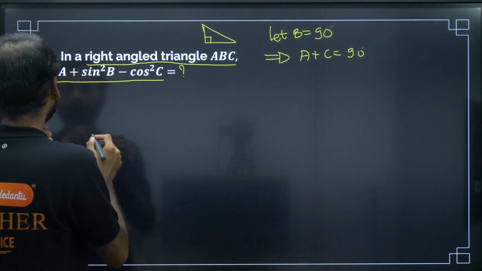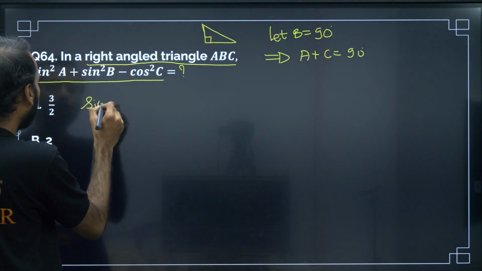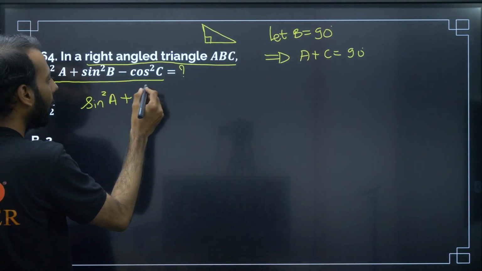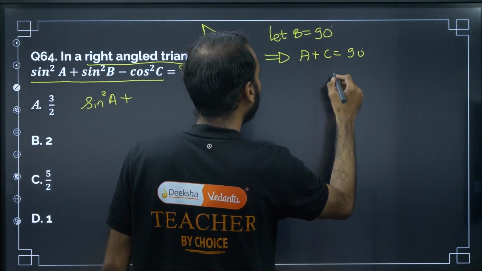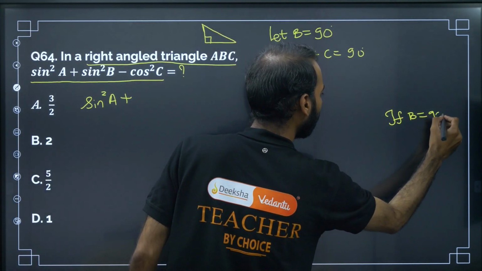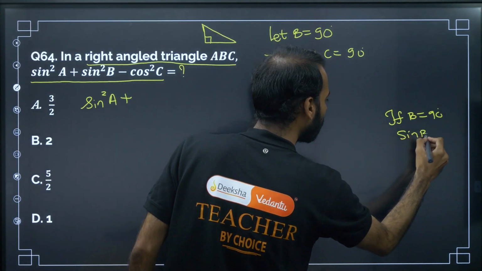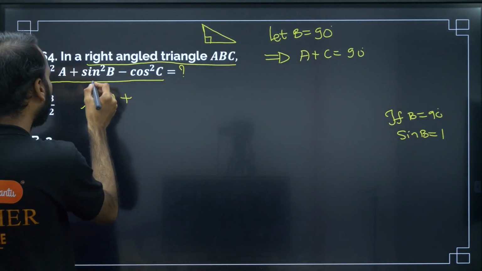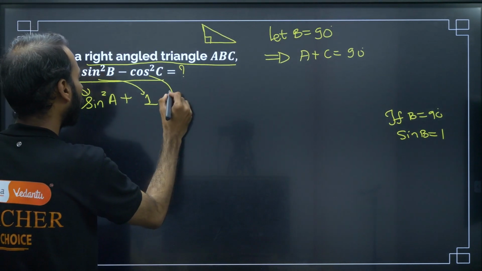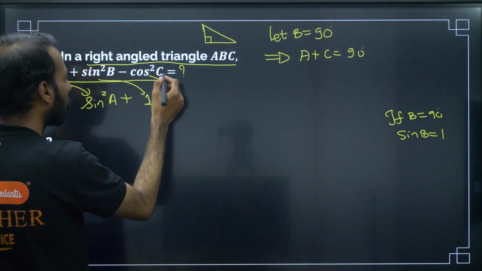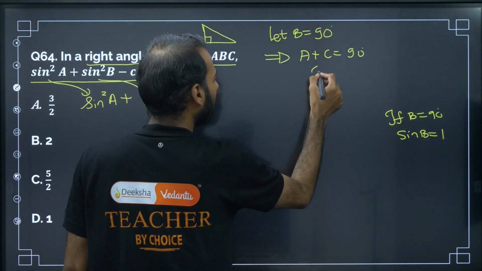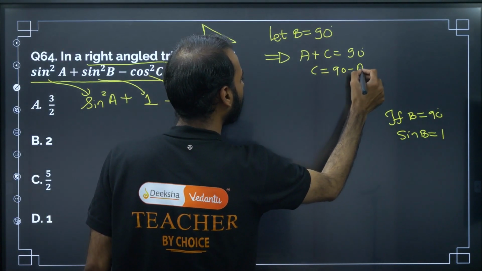Next, in place of sin square A, let me write sin square A only. In place of sin square B, if B is equal to 90 degrees, sin B is equal to 1. So A as it is, and for B I am writing 1. Next, what about the minus cos square C? In place of C, can I write 90 minus A?